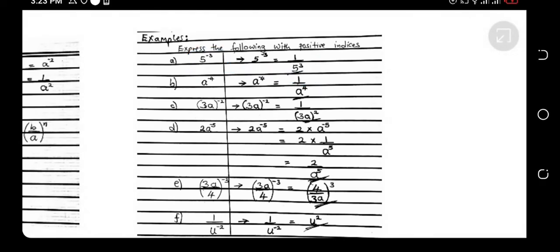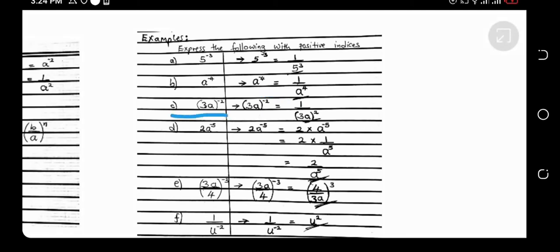B is a to power negative 4, and the answer is 1 divided by a to power positive 4. Our point of interest is to express them with positive indices. The indices are negative, but we are changing them to positive.